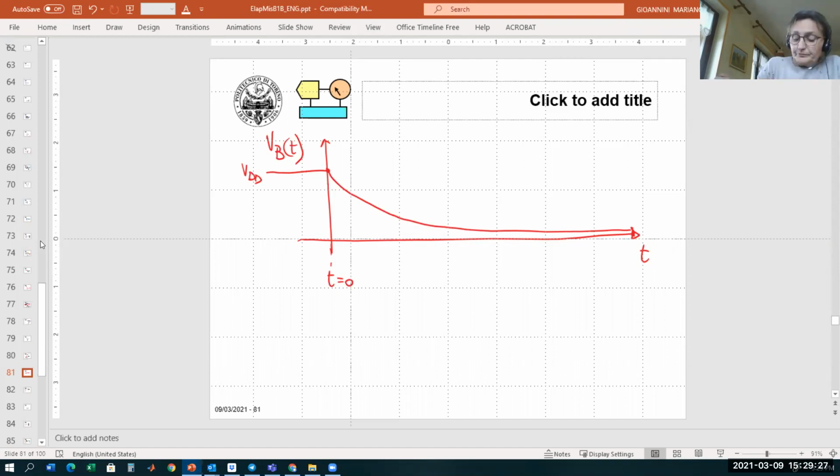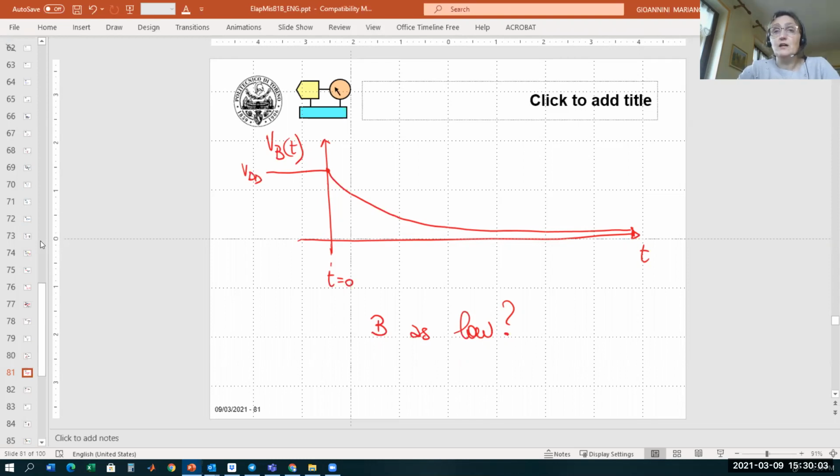Then what we have? When does module B recognize this voltage as low? When is the input voltage in B recognized as a low voltage level? You have to compare the voltage in B with what?